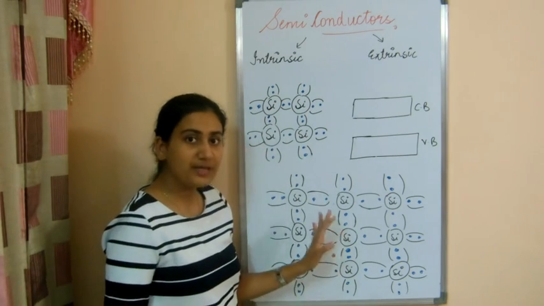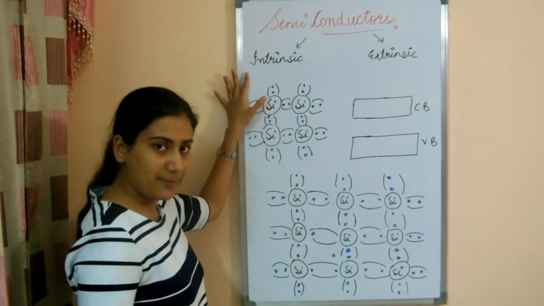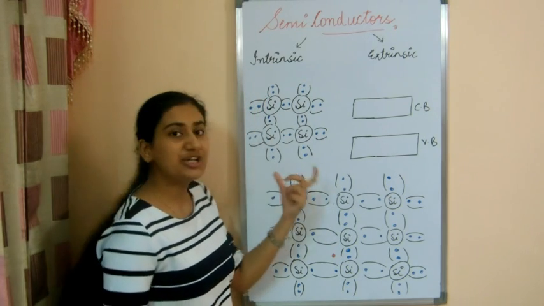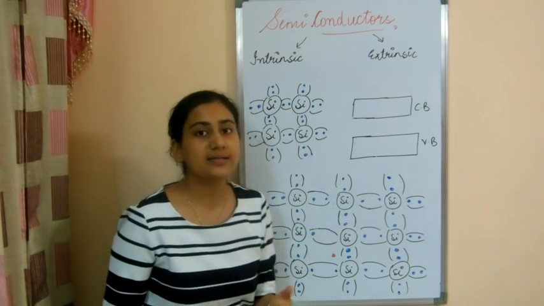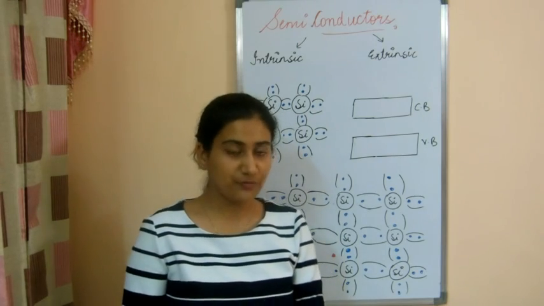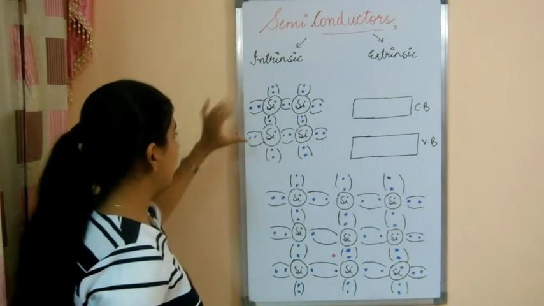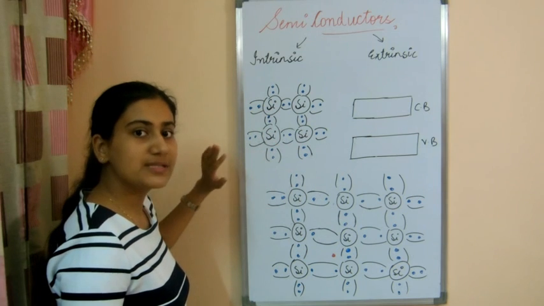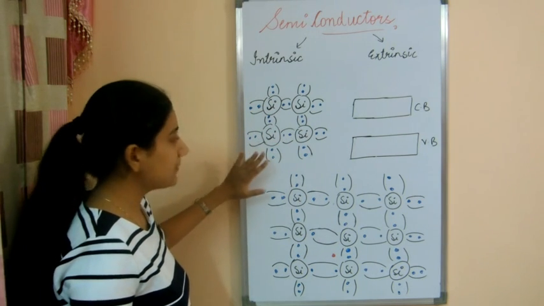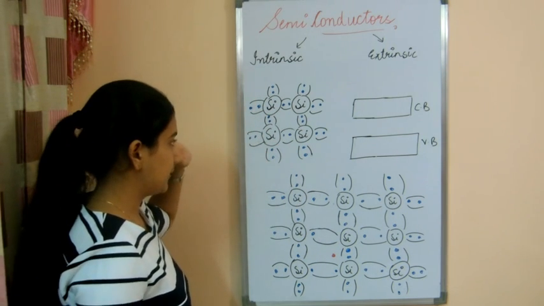Now in this video we are going to deal with intrinsic semiconductors, how these intrinsic semiconductors conduct electricity. So for this, see this diagram. This is a 2D array of the silicon semiconductor which is completely pure, that is intrinsic.